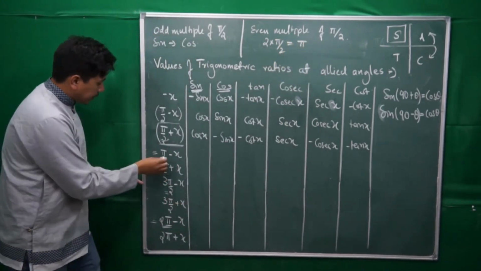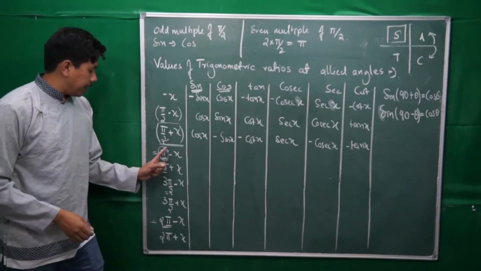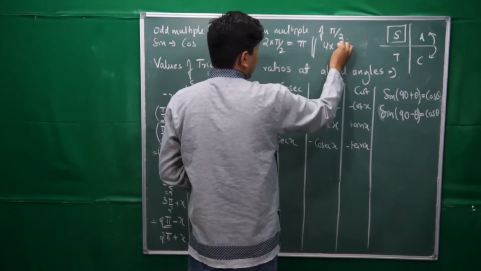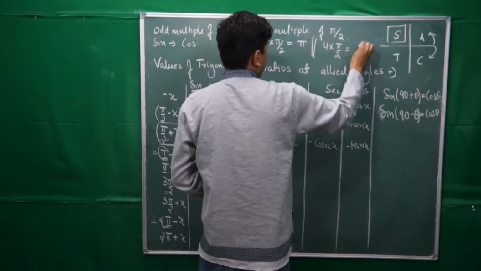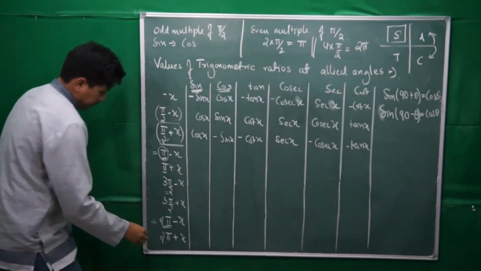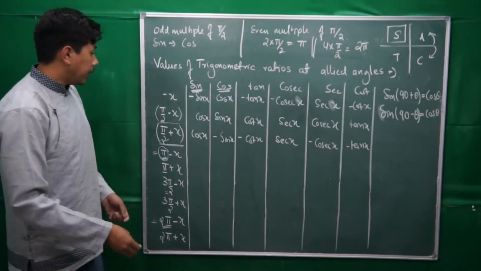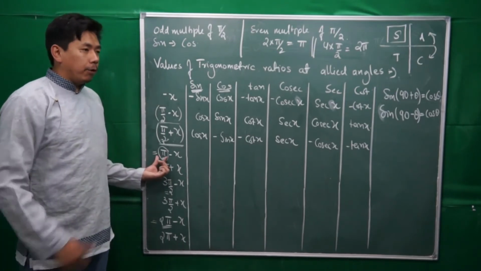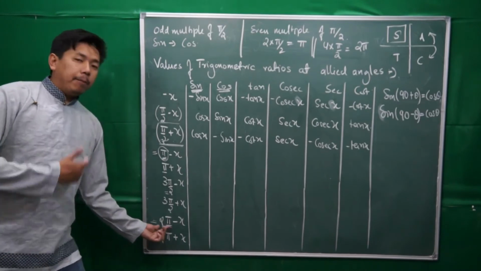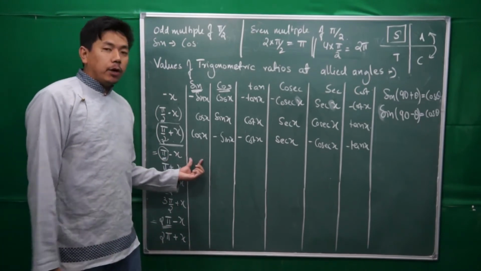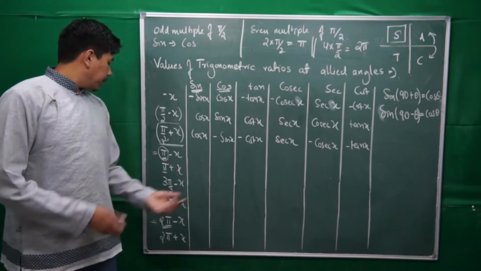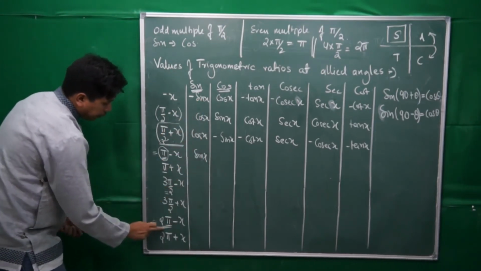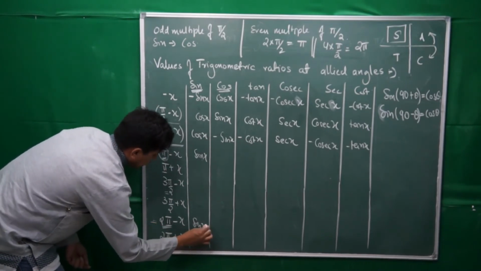In this case, it is pi minus x. Similarly, if I multiply with an even number 4, then I'll get 2 pi. So when we have an even multiple of pi by 2, cos will remain cos, sine will remain sine. This would be sine x. Similarly, sine 2 pi minus x would be negative sine x.